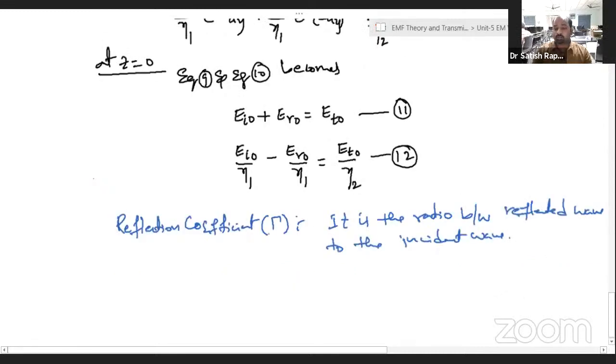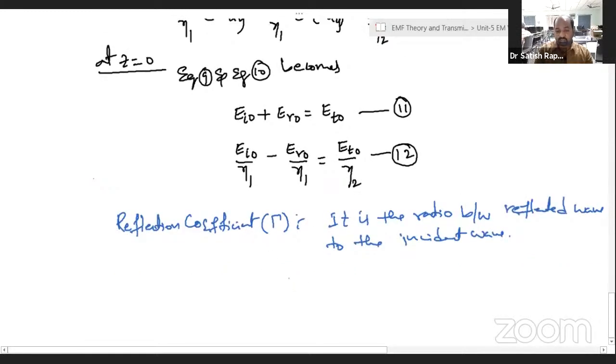Therefore, reflection coefficient is equal to E R naught divided by E I naught.